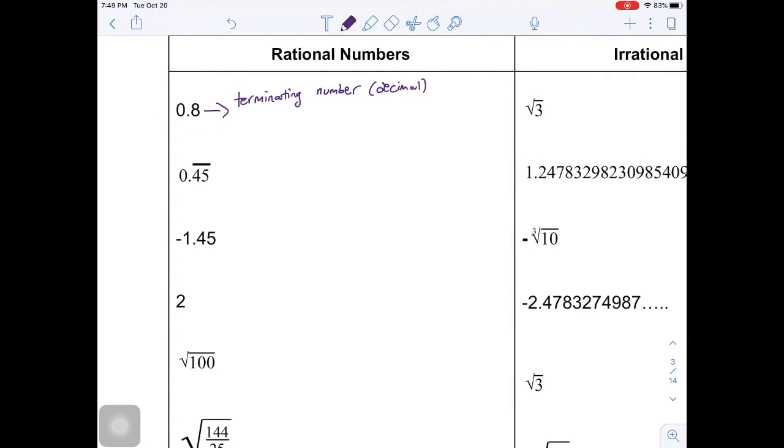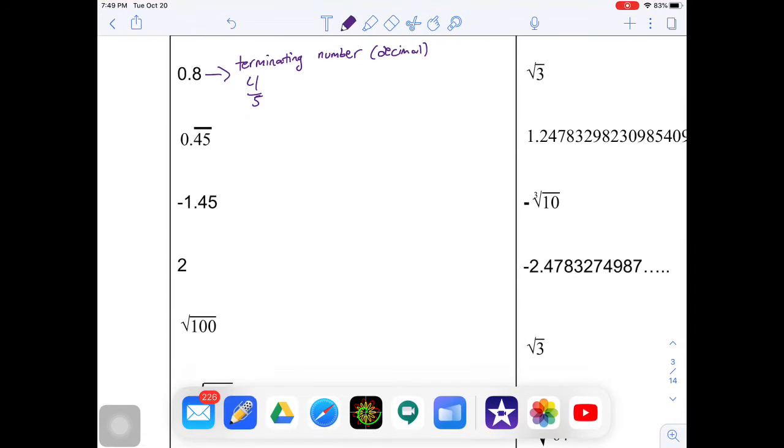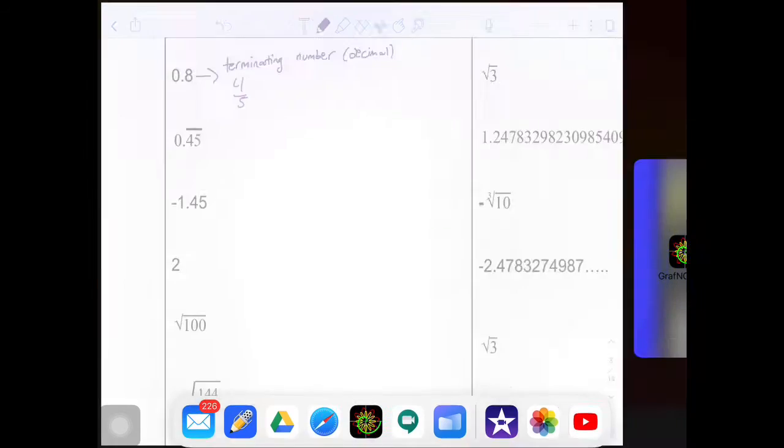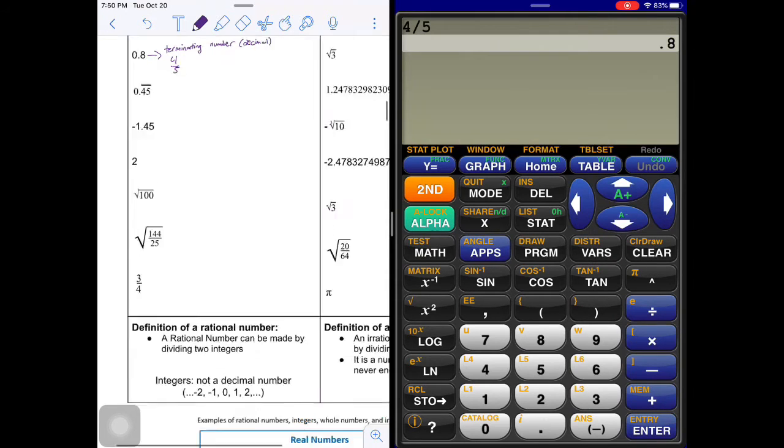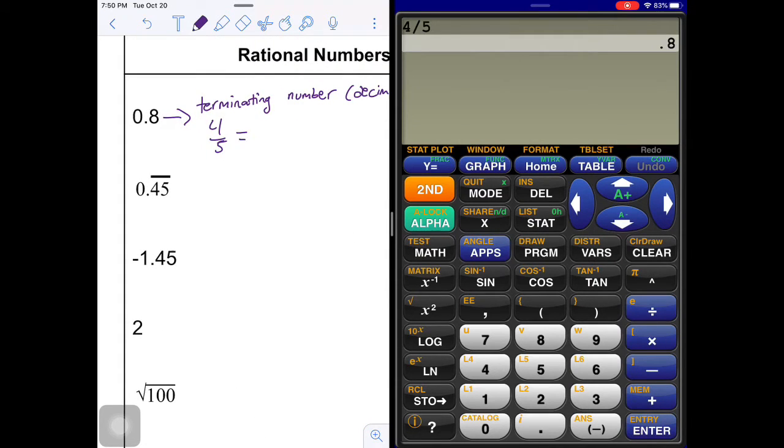You can also represent this as a fraction. It is 4/5. If we pull out a calculator, 4 divided by 5 gives us 0.8. So we can represent this using fractions.